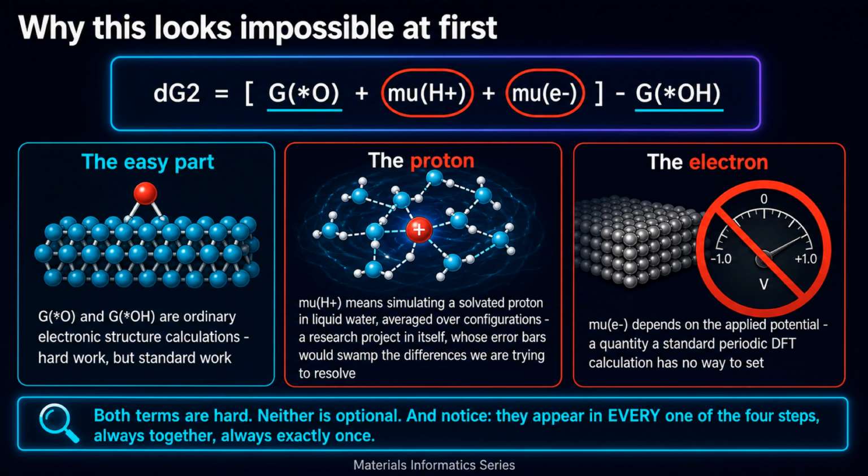That is a research project whose error bars would swamp the differences we care about. The chemical potential of an electron depends on the applied potential, which a standard periodic calculation has no way to set. Both appear in every step, always together.